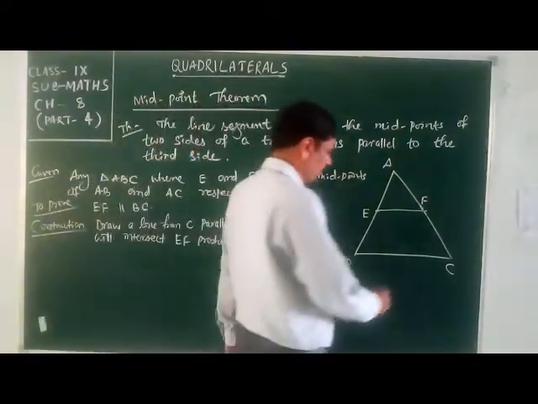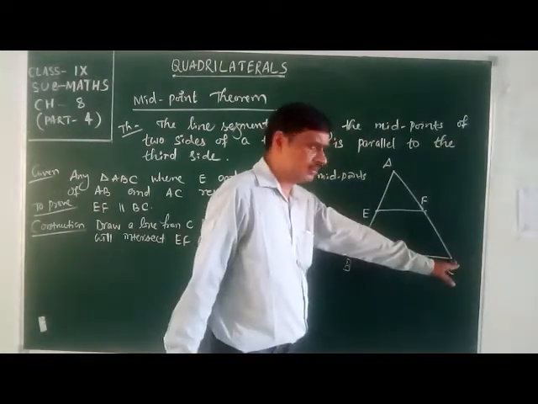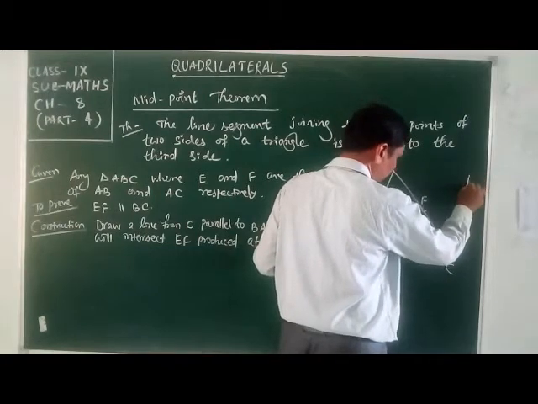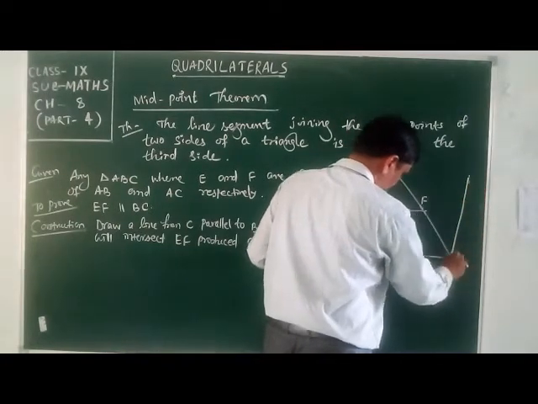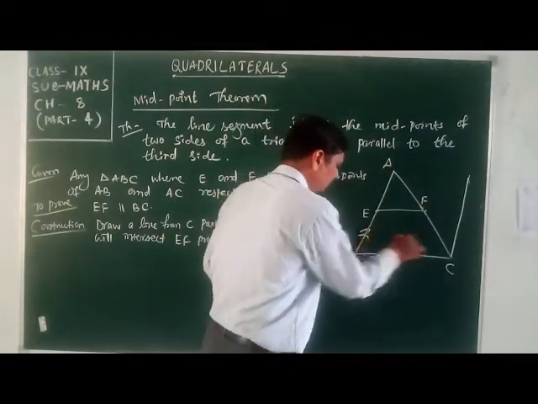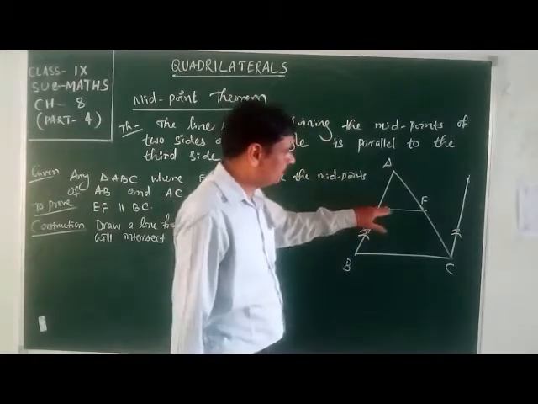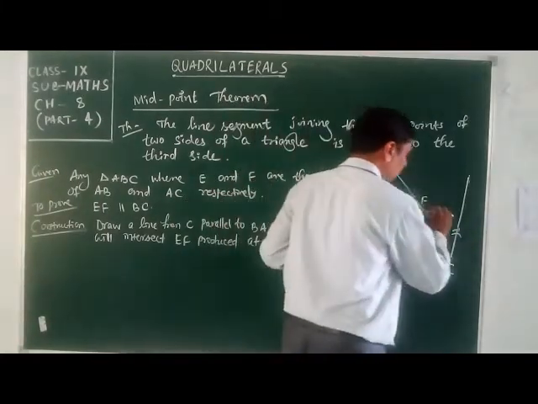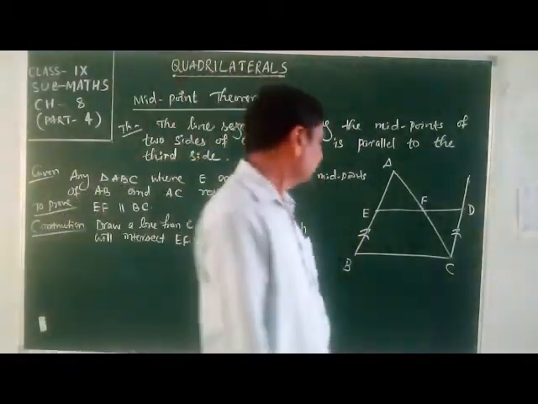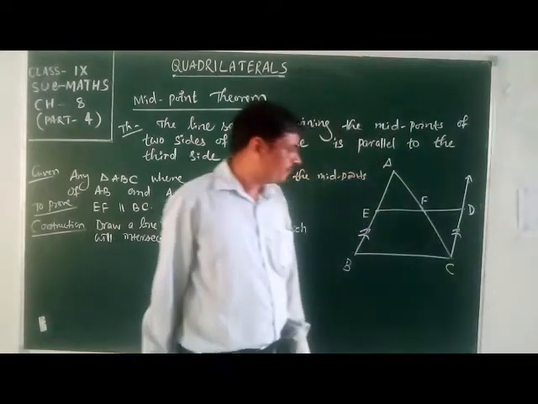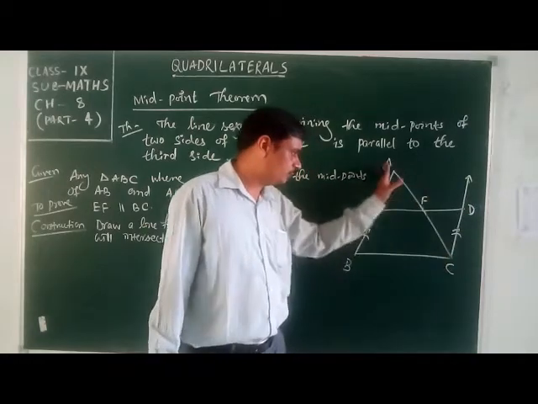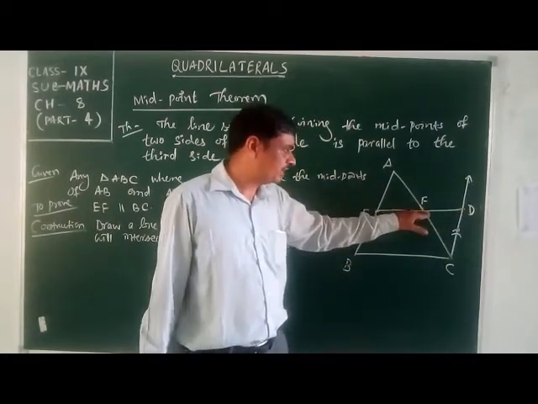Now we have to draw a line from the point C that is parallel to AB. And this line, which is parallel to AB, intersects the produced EF at point D. Now it is constructed.